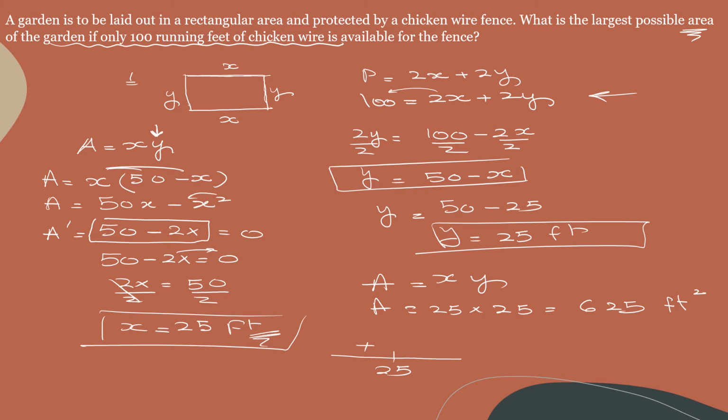And if we take a value after 25, let's suppose it is 50, that will give us minus 100, and minus 100 plus 50 gives us a minus sign. So you can see that yes, when x equals 25, we have the largest possible area. So that's all about the fencing questions, and let's solve another kind of optimization problem.